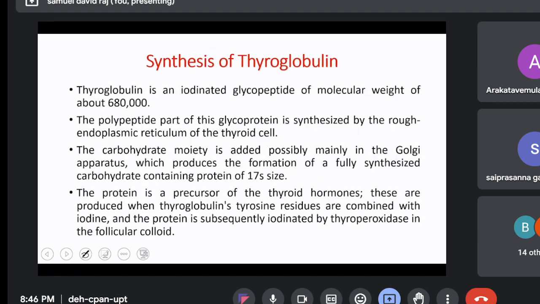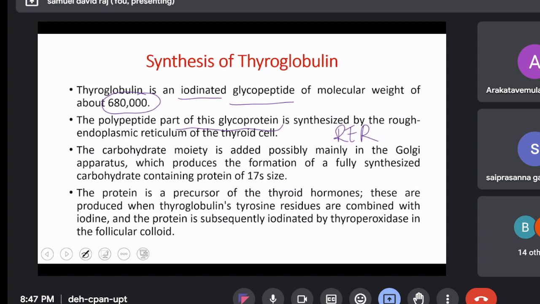Coming to the synthesis of thyroglobulin first, which is the precursor. It is an iodinated glycopeptide of molecular weight 6,80,000. Thus, it is a very large molecule, a high molecular weight protein. The polypeptide part of this glycoprotein is synthesized on the RER of the follicular epithelial cell.